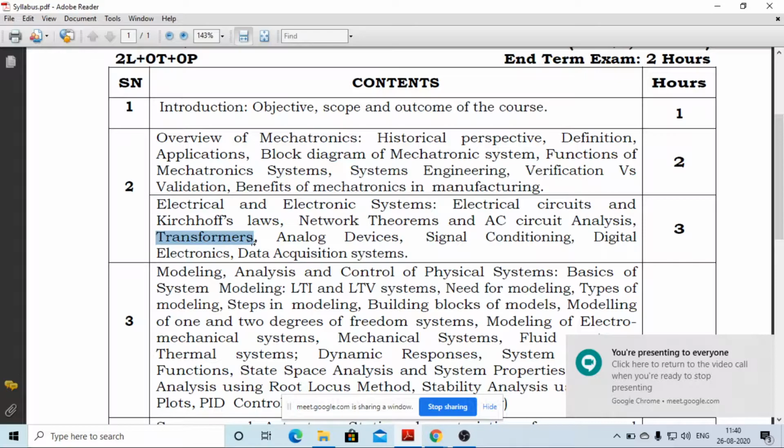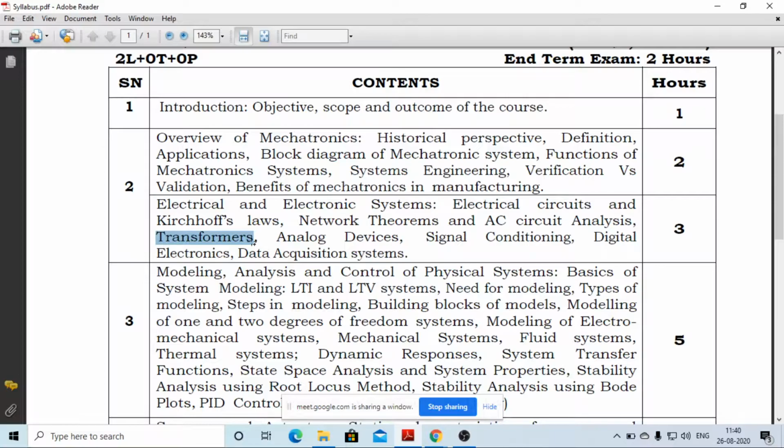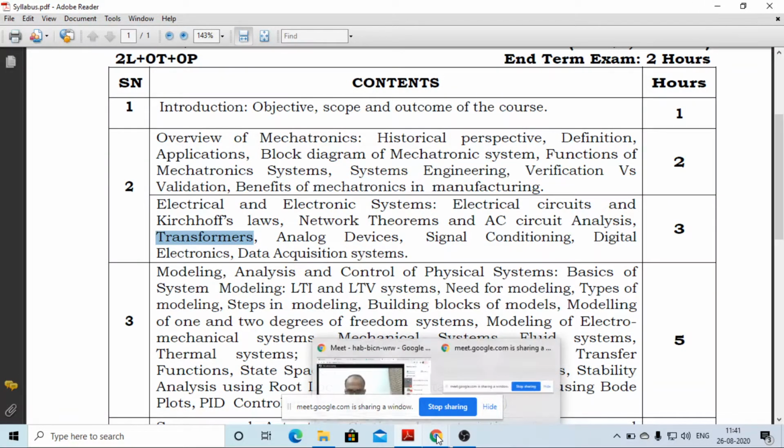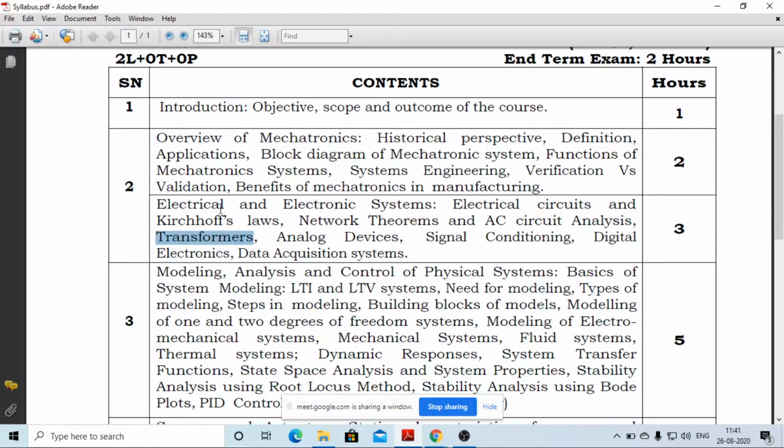Let us talk briefly about transformers, because for any type of project you are designing, there is a requirement for transformers. Generally there are two types of transformer, called step up and step down transformers. I am just hiding the syllabus, and I am going to talk about the transformers and show their basic construction.